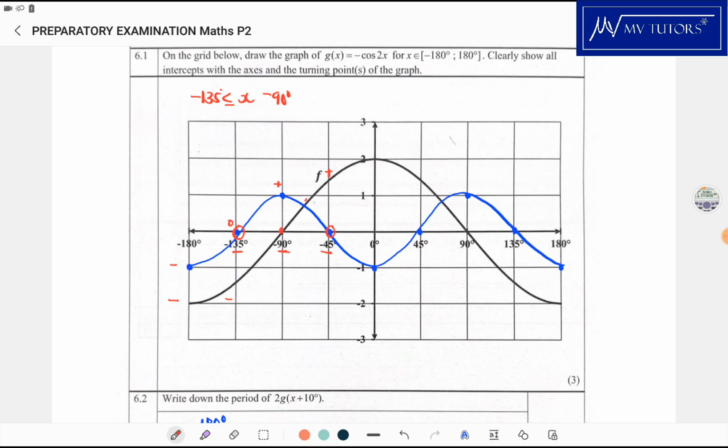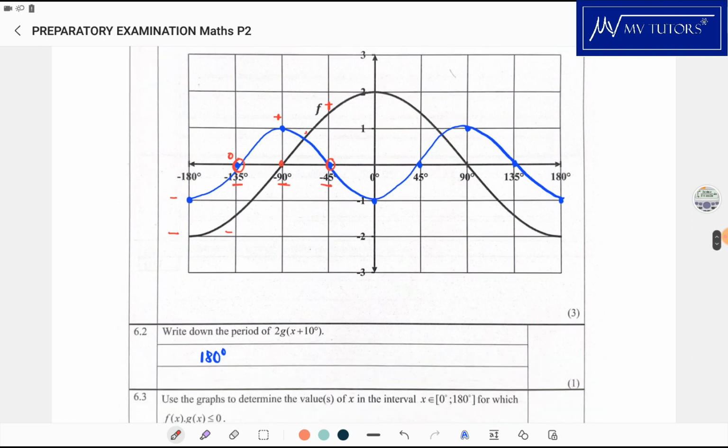From negative 45 they're all negative until we get to 45. And then from there they're both positive until we get to 90. So 90 all the way to 180. Okay, so that's basically that.